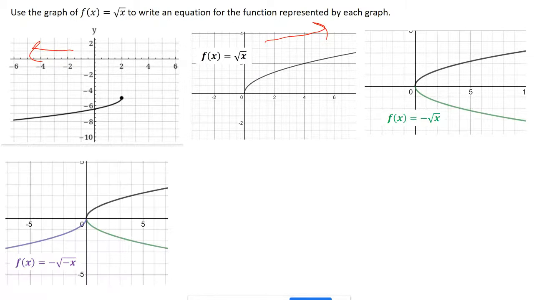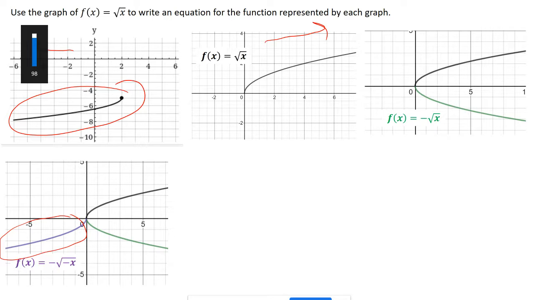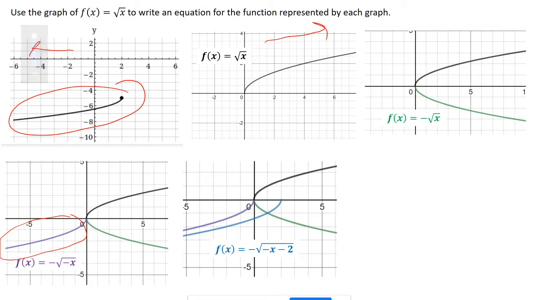Try something different. What if I put a negative on the inside? Then I'm going to be reflecting on the y-axis, and that's represented by this purple graph. So at least now this and this look the same, right? And now if I subtract the negative 2 in here, notice my graph got shifted 2 to the right.